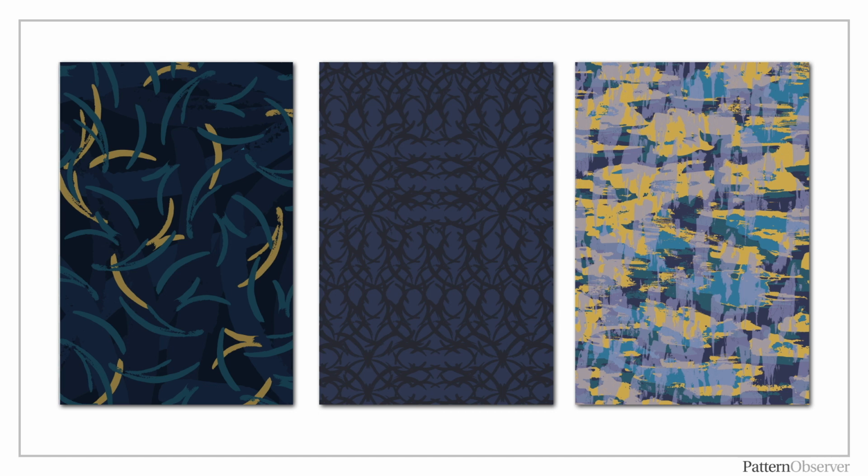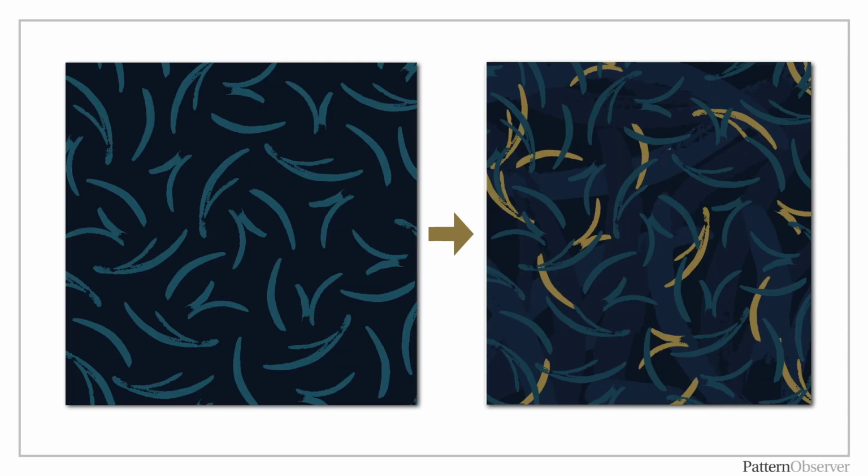For example, here's a 2-color tossed layout. It's a great pattern, but it still feels like it needs something. Adding a background pattern, like you see here on the right, makes the final design more dynamic and impressive to buyers. So let me show you my process.